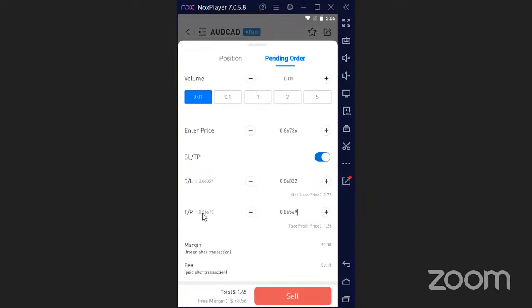And for the take profit, 0.86569. Then click on sell.